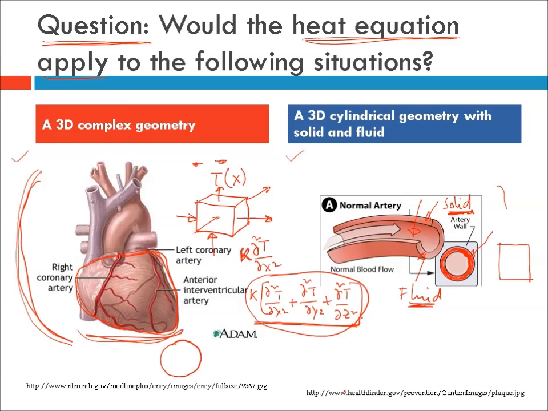Then for the fluid part, remember our equation has a velocity term. So yes, the equation we have is applicable to the fluid domain as well, except that this domain will have a different property than this domain. So we'll have to use different properties for this domain, but it is applicable.